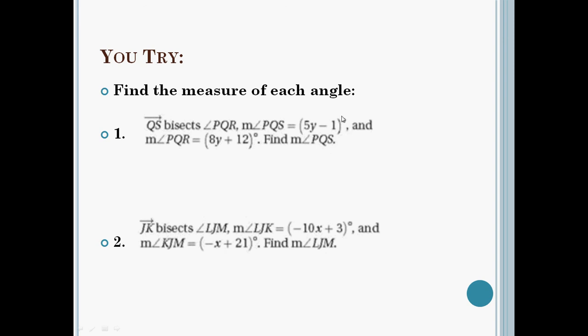Then label the two sides. PQS is 5y minus 1 degree, and PQR will be 8y plus 12 degrees. We want to find the measurement of PQS. Go ahead and stop the video so you can work out the two problems.